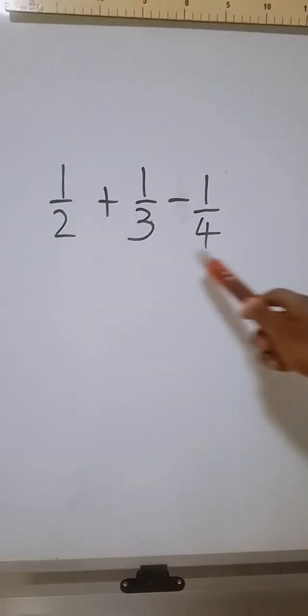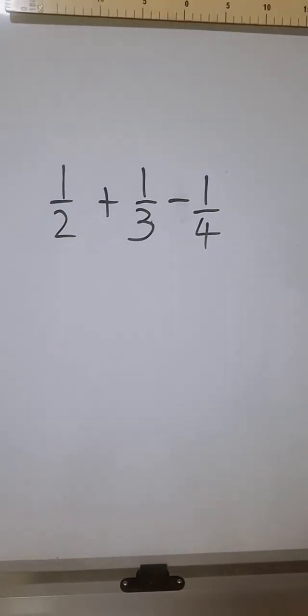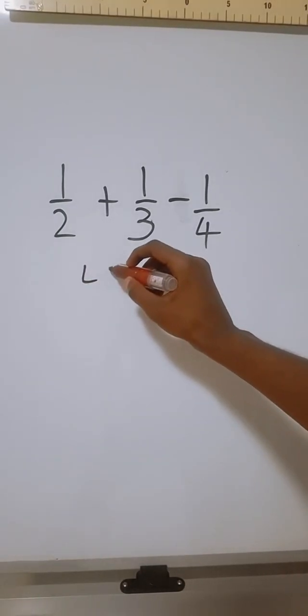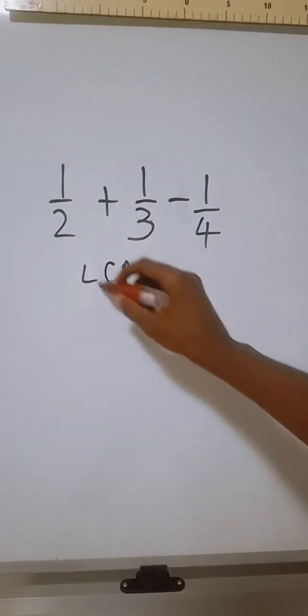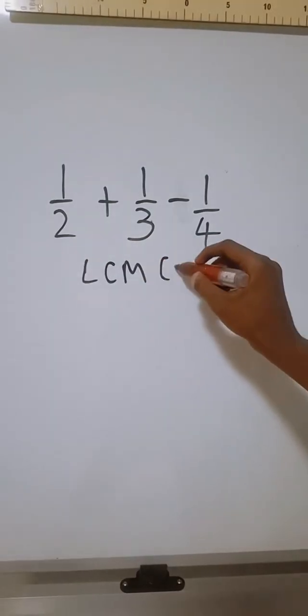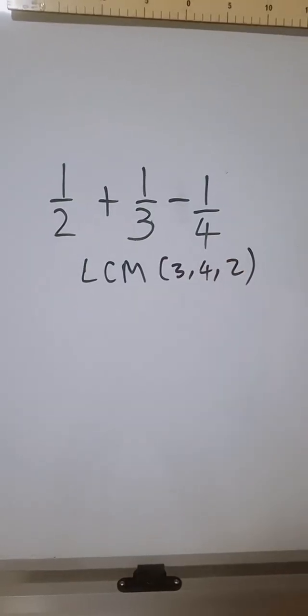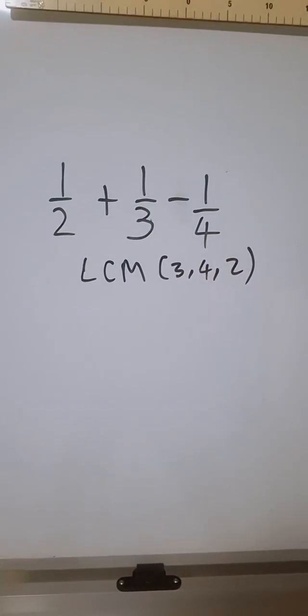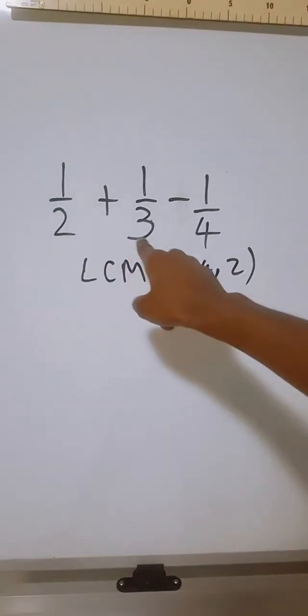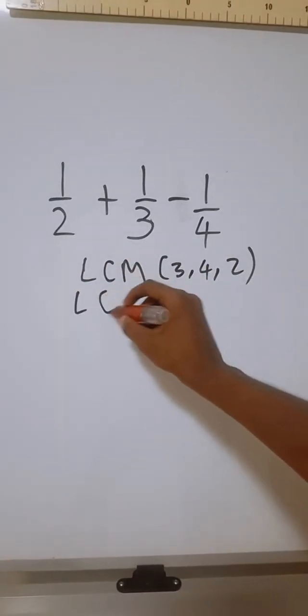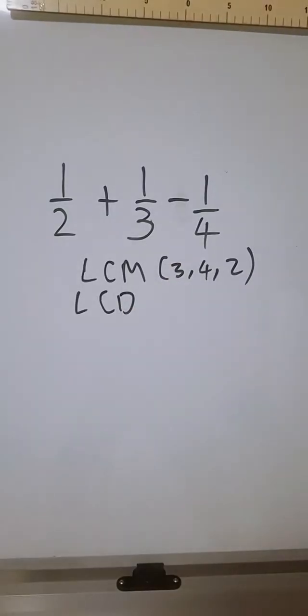To make your denominators the same, we use the concept of LCM. And so we find the LCM of 3, 4, and 2. But because these numbers are in the denominator, we say we are going to find the LCD, which is the lowest common denominator.